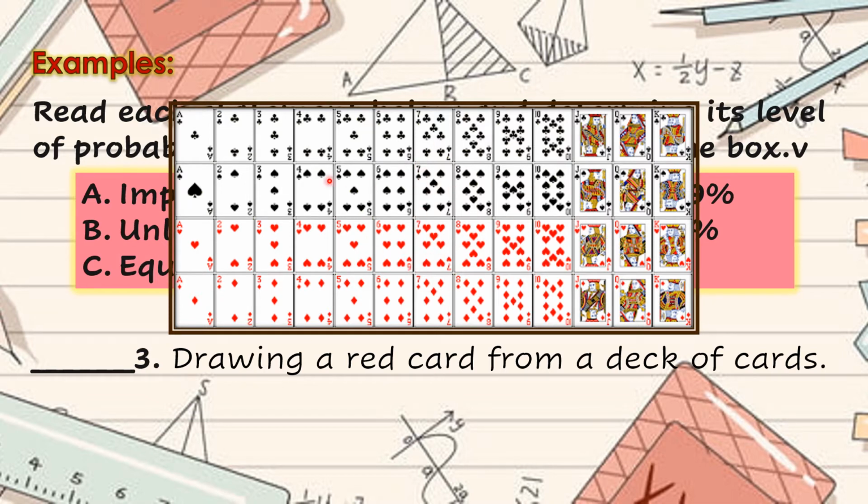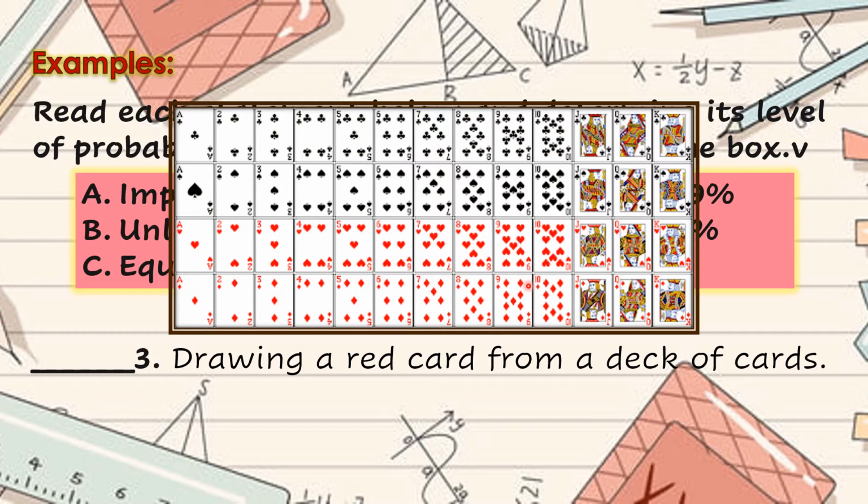Okay? Kung mapapansin, half of this deck of cards are the black. And ang kalahati naman ay red. So, kung 52, ang kalahati ng 52 ay 26. So, 26 ang black, 26 din ang red. So, same.